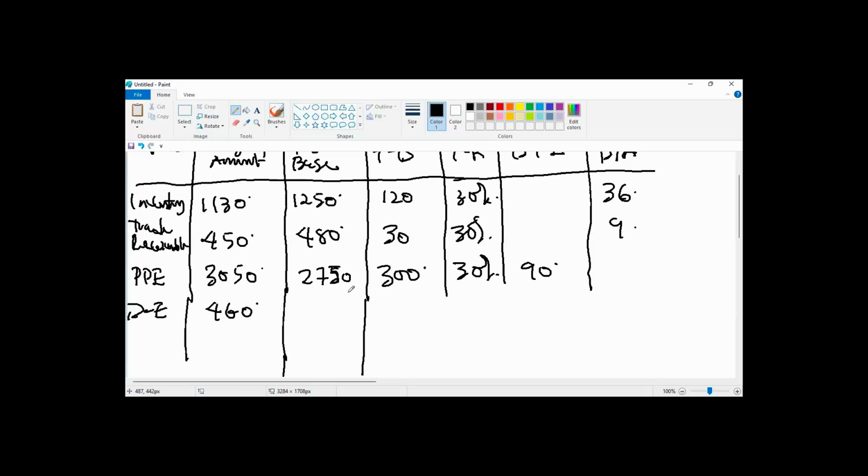They say development expenditure is given in full in the year of purchase. What would be the tax base? Let me give an example. You bought an asset for 100,000. You charge depreciation of 20,000. They say they grant you 100% of the capital allowance in the year of purchase. What will be the tax base?